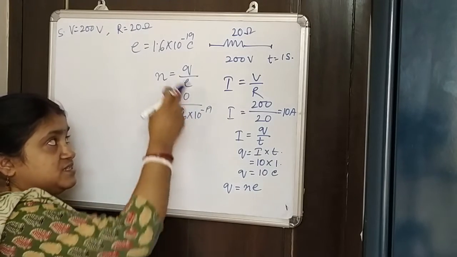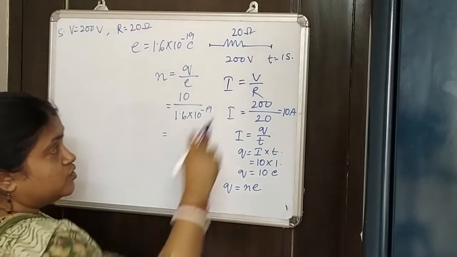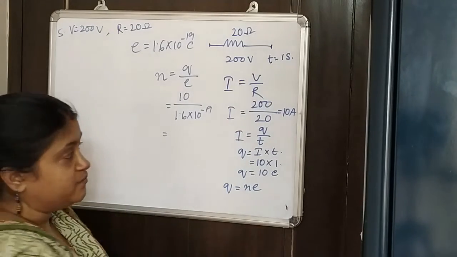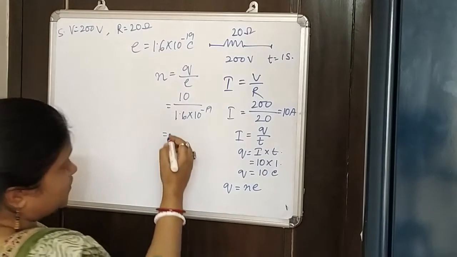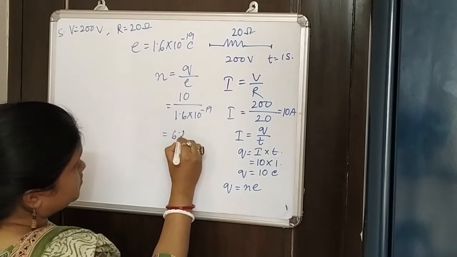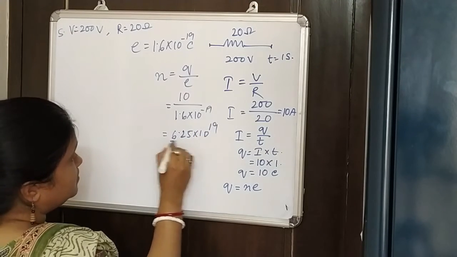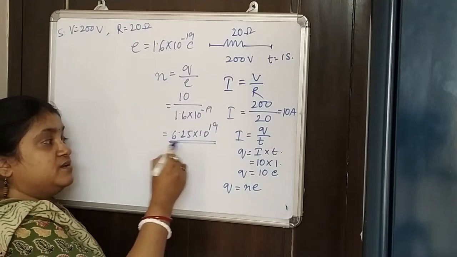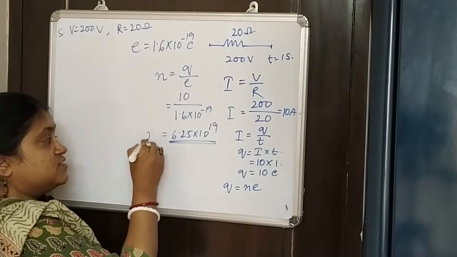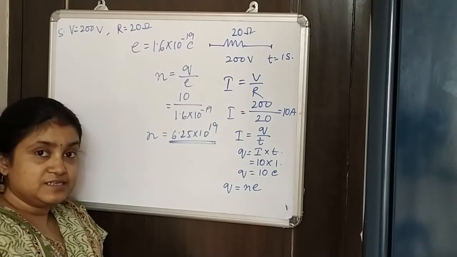This is the number of electrons that would flow for this particular time when we get 10 ampere of current. If you calculate this, you will get 6.25 into 10 power 19 electrons. So do the calculation and get this value. This is the number of electrons that would flow through this particular setup.